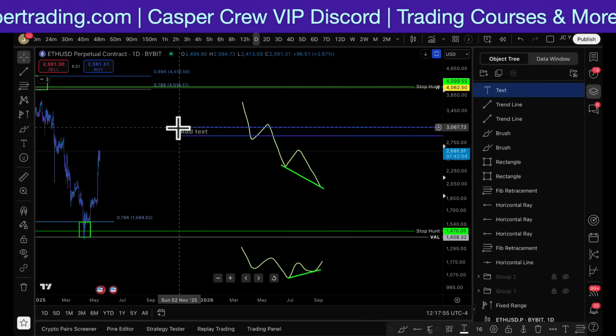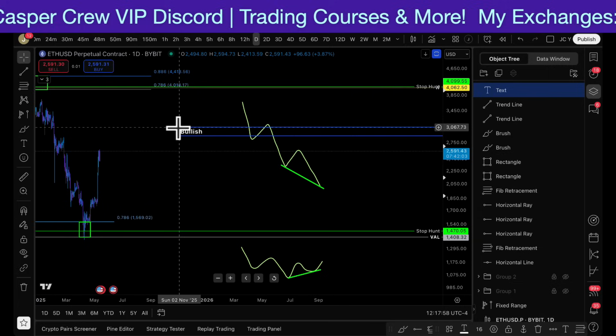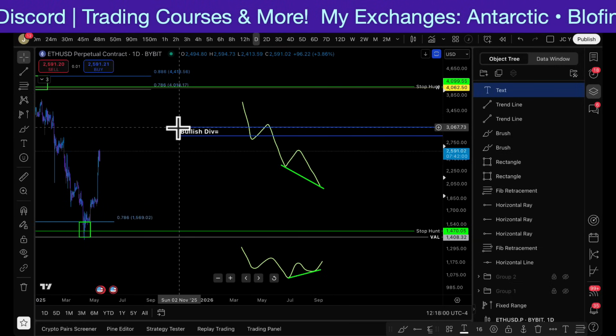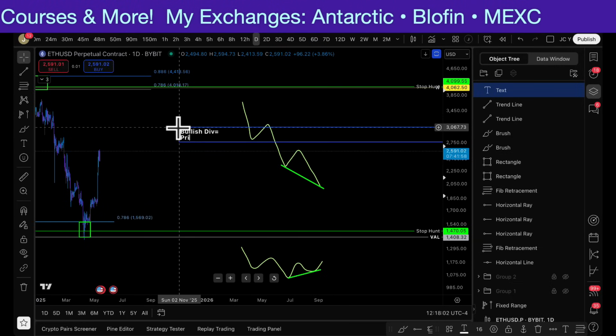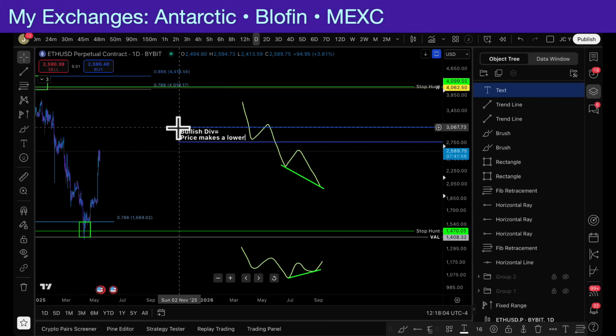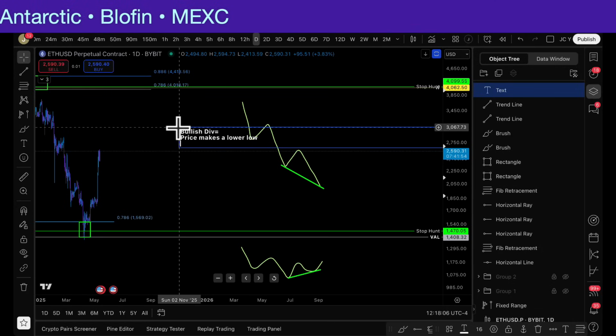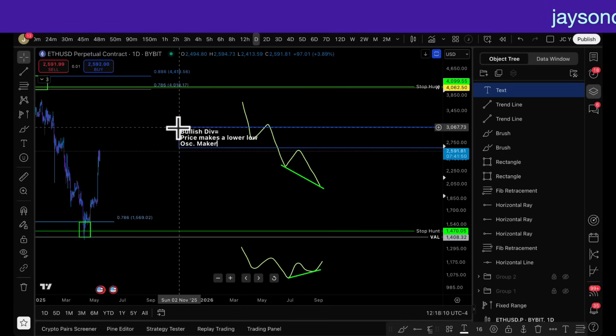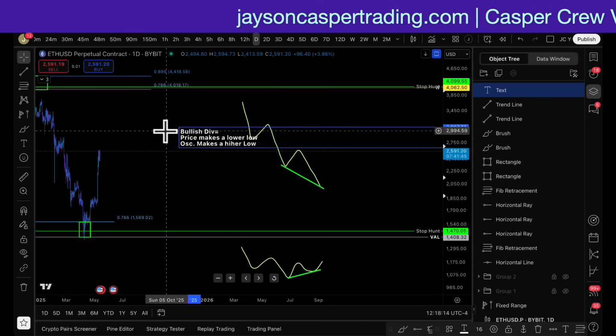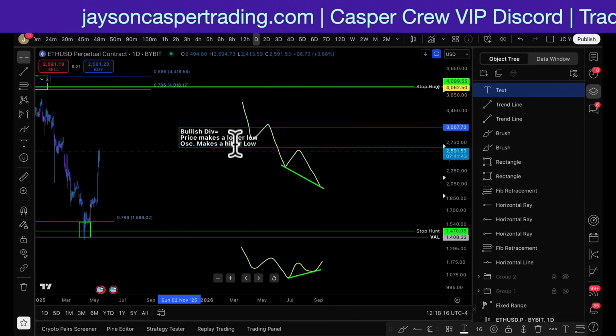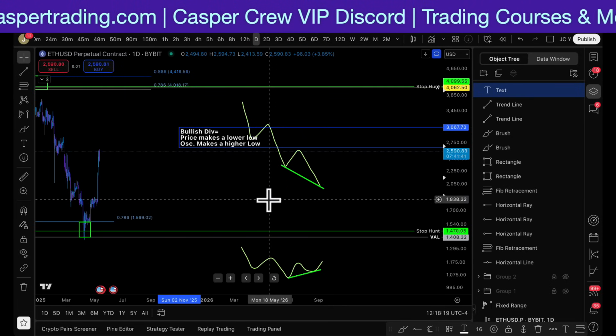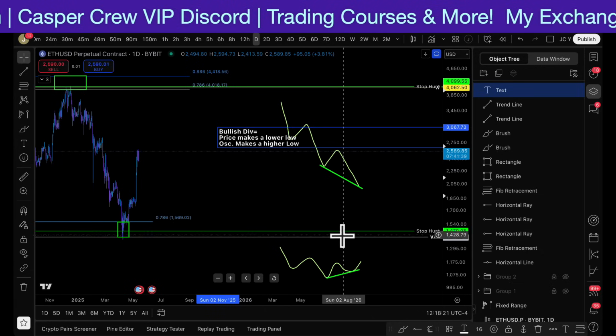Bullish divergence equals price gets lower, price makes a lower low, oscillator makes a higher low. All right, this is what a bullish divergence looks like here on the chart.